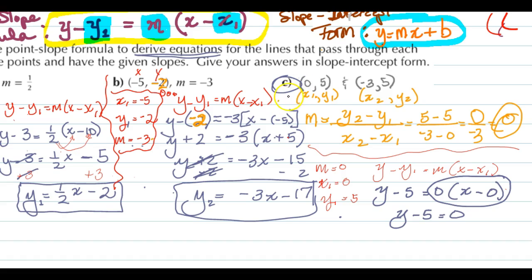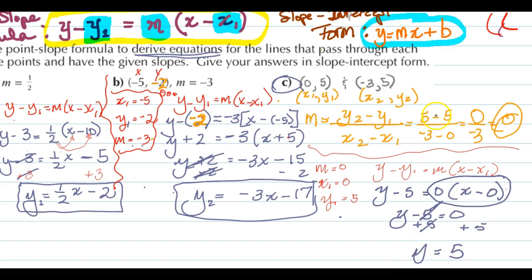Let's still get y by itself. Remember, keep your eyes on the prize. We're trying to isolate the y variable. So let's add 5 to both sides, and we'll see what we get. Okay, and so we'll have plus 5, right? Cancels on the left, and we have y is equal to 5.